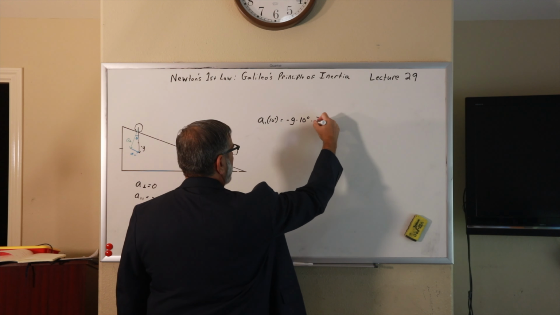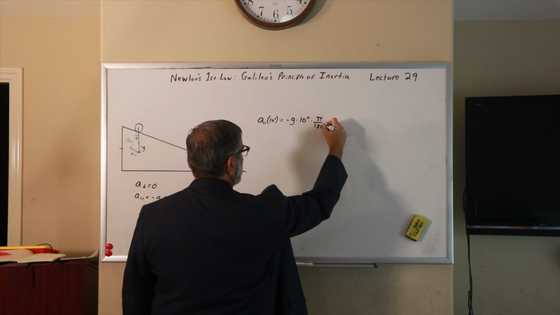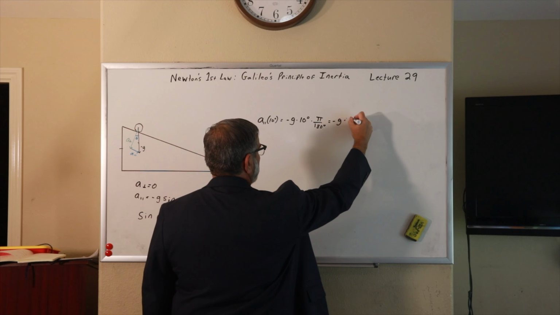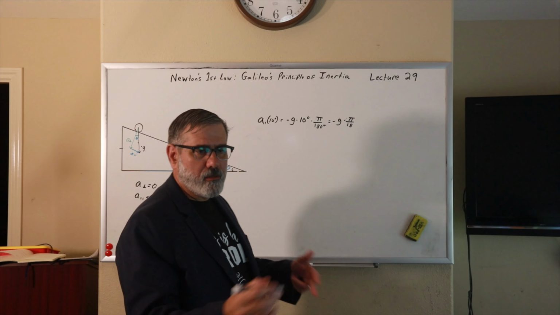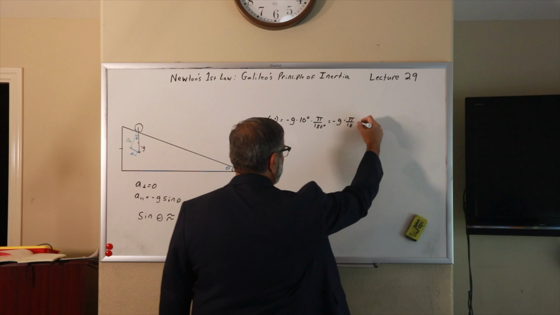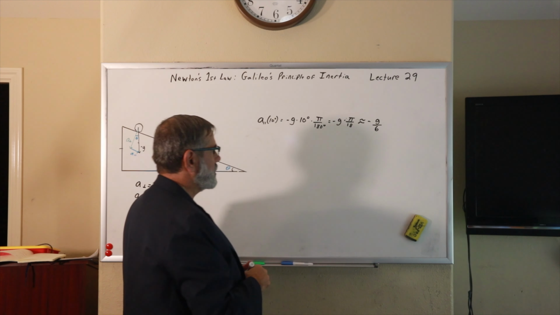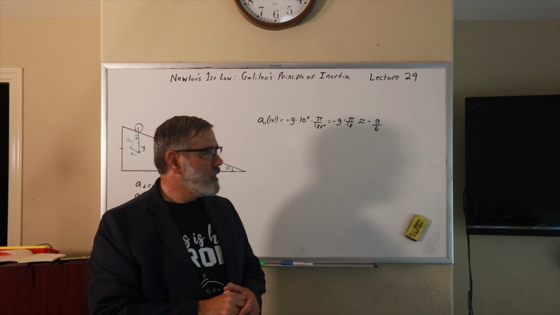That's pi over 180, which gives me minus g times pi over 18. And pi is about 3, so we can approximate this as approximately minus g over 6, because 6 times 3 is 18.